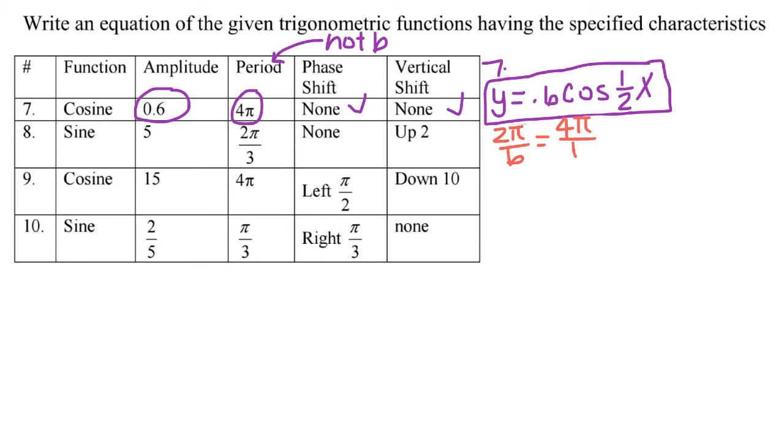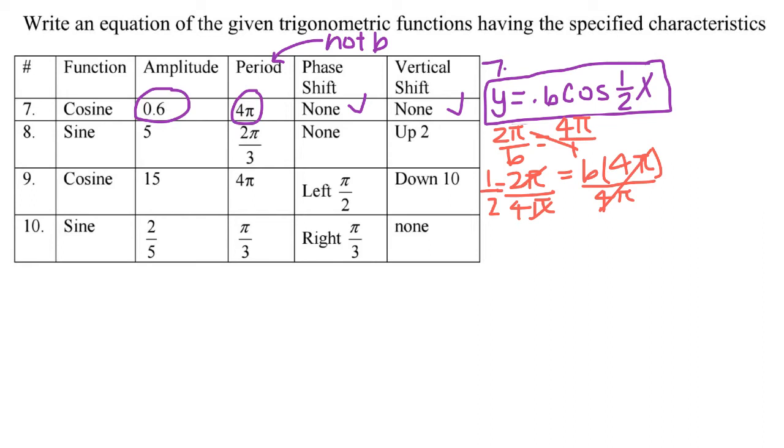So if we treat this as a proportion and cross multiply, we have 2 pi equals b times 4 pi. And then I can divide both sides by 4 pi, and notice that that's going to cancel, so that leaves me with b equal to 2 over 4, which is 1 over 2. You can do that, or you're more than welcome to reason through this to find what that b value has to be, not period.